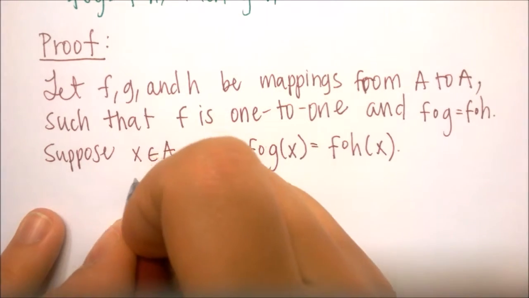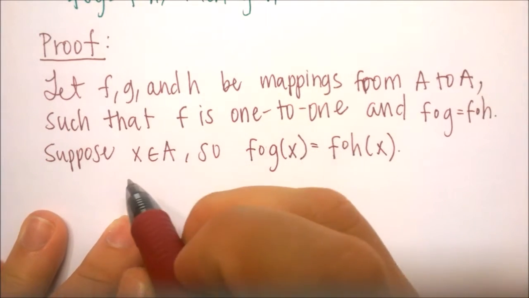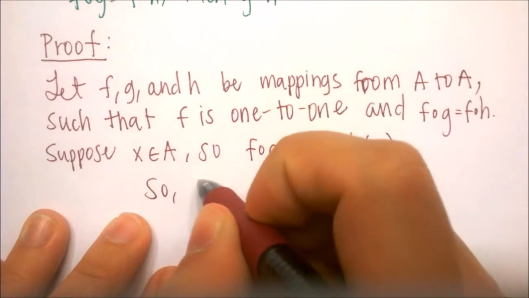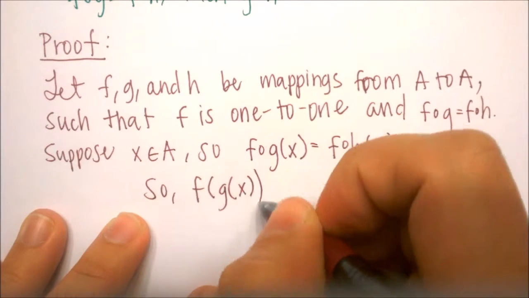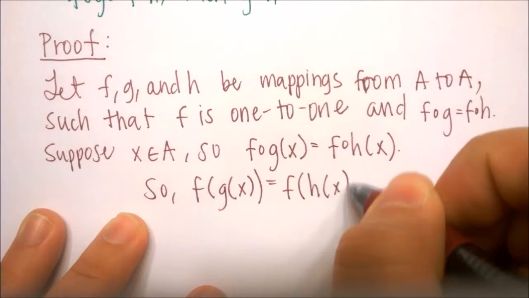And just like before, let's write this in a different composition notation that will be easier for us to use. So f of g of x equals f of h of x.